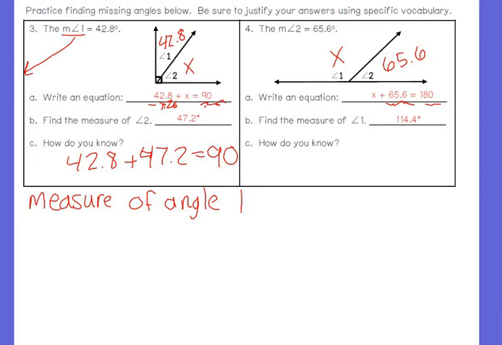And how do I know? You add them, and what should it equal? 180. Should equal 180, and it does. This is easy. This is the easiest one yet.